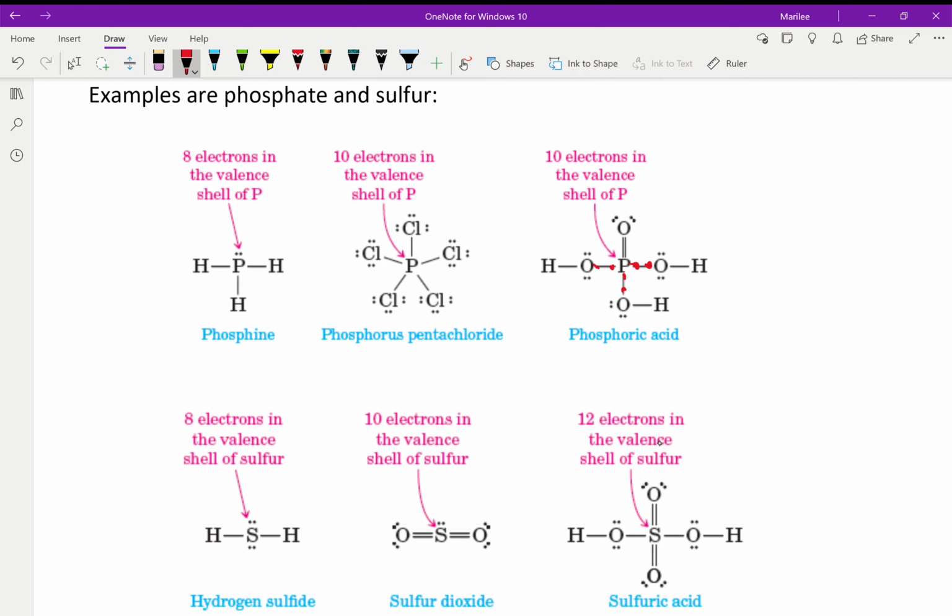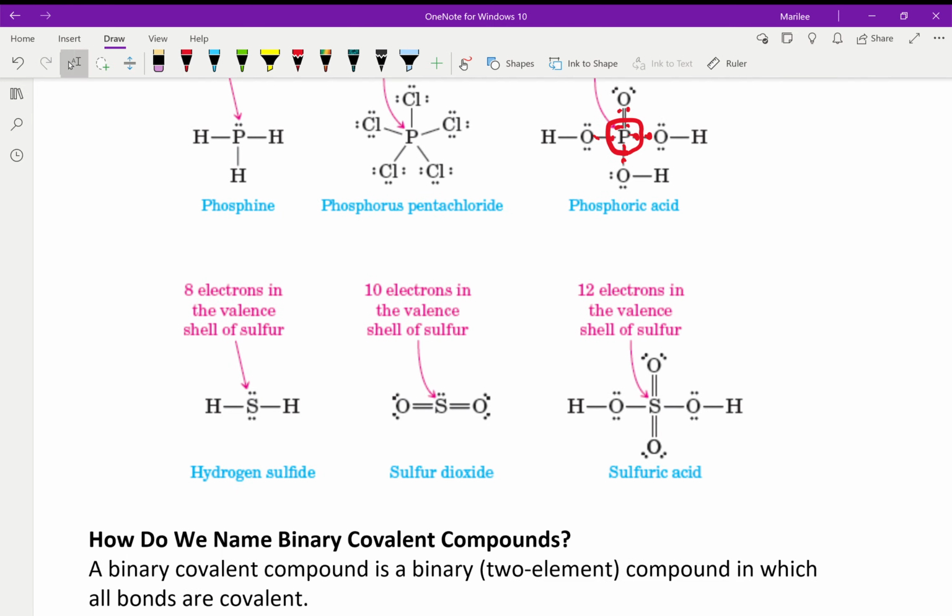So now we have a double bond here, so that means there's 4 electrons there. And the phosphate, you can see, gets all 5. And then for sulfur, here we have an electron on each bond, and the double bonds have 4 electrons. So the sulfur will get 6.